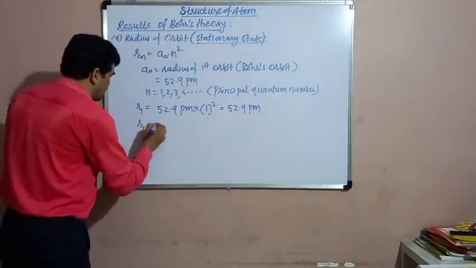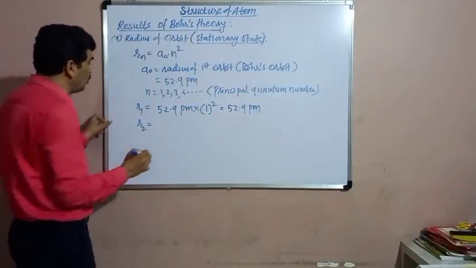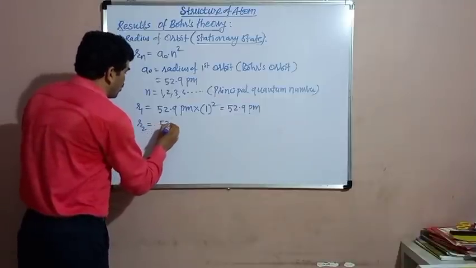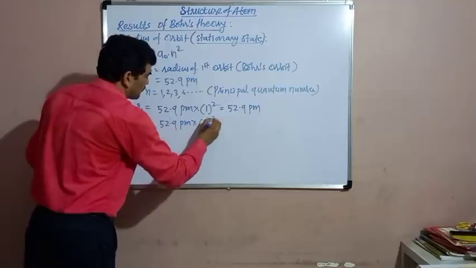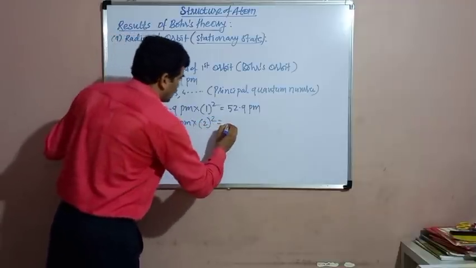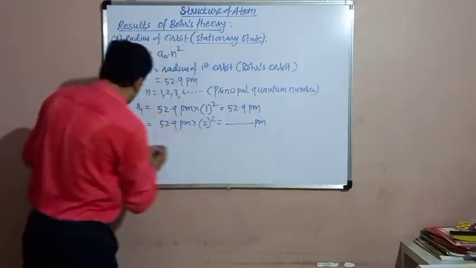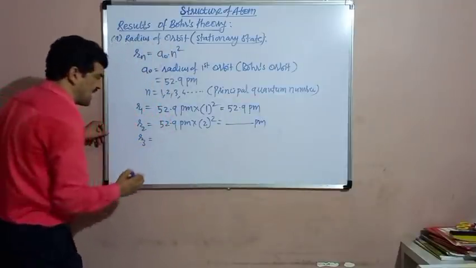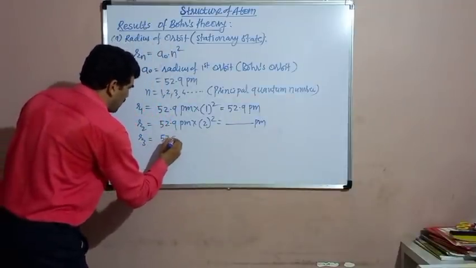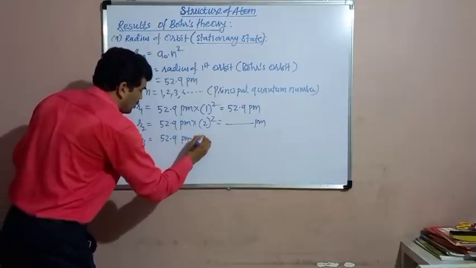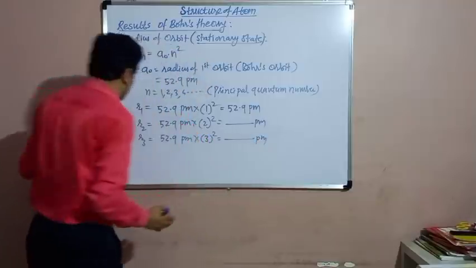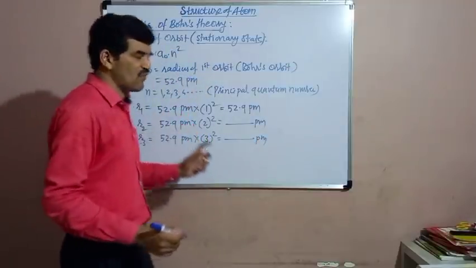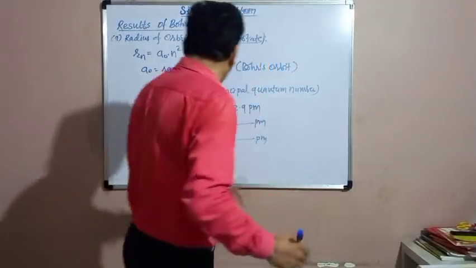For the second orbit, radius is R2, and it is equal to 52.9 picometer into 2 square. For the third orbit, radius is written as R3. It will be equal to 52.9 picometer into 3 square. So in this way, we can calculate the radii of the different orbits in the hydrogen atom by using this formula.